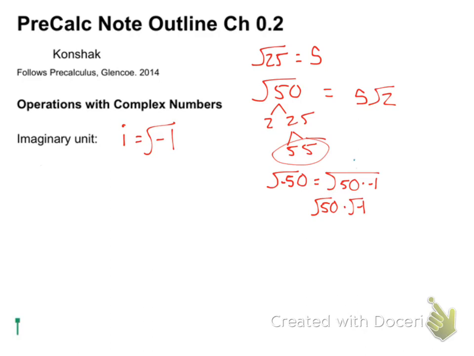The square root of -1, we said, was I, and the square root of 50, we just found above, is 5 square root 2. Notice that the I is not inside the square root. Sometimes they put it in front of the square root after the 5, so you don't get it mixed up. I like to put it at the end because of complex standard form, which we're going to learn about in a little bit.